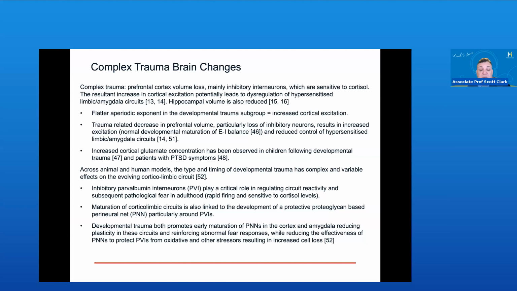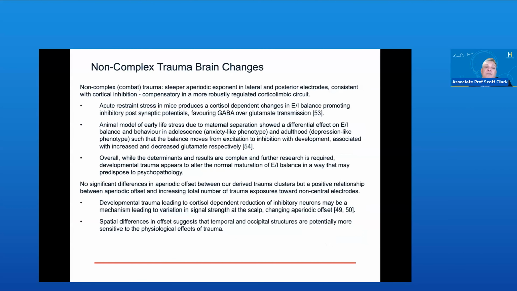The circuitry is less plastic, and so that again predisposes people potentially to developing further trauma and PTSD down the track. So if we compare that to non-complex combat trauma, which has a steeper slope, suggesting that the cortex is in a more suppressive state, a more inhibitory state.